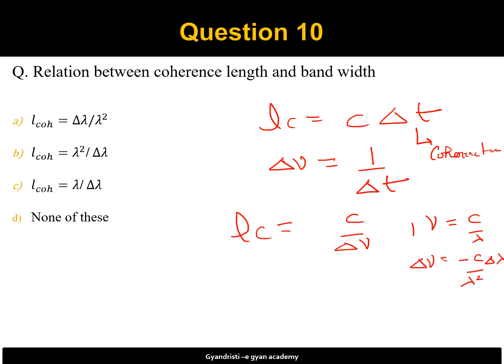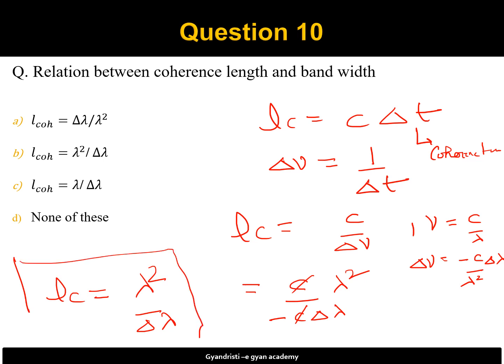If you substitute the value of delta nu in the expression for coherence length, you will get c divided by c delta lambda by lambda square. So c will cancel. If you ignore the negative sign, the expression for the coherence length will be equal to lambda square by delta lambda. So this is the relation between bandwidth and coherence length. So option B is correct.